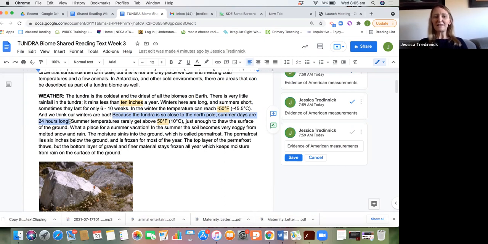So in the summer in the tundra, there is no nighttime. There can't be nighttime. If our day and night together is 24 hours, and it's 12 hours of day, 12 hours of night, if your summer days are 24 hours long, means that there's no nighttime. And we said that summers are short. So sometimes they only last for 6 to 10 weeks.